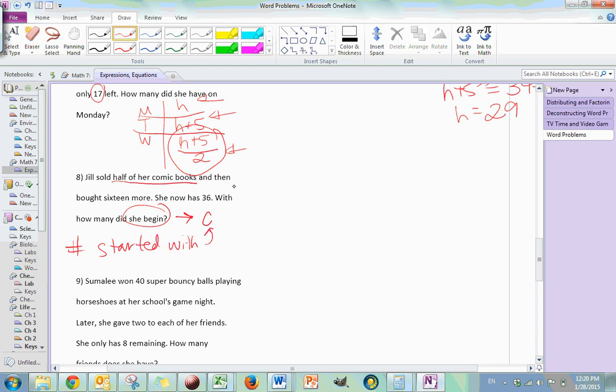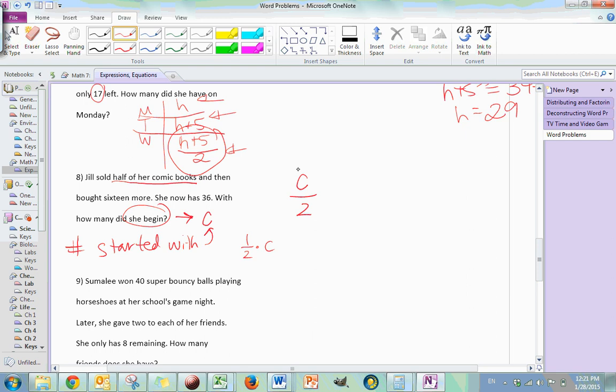So first it says Jill sold half her comic books. So she took C and she said, I'm going to split that right in half. C over 2. Another way, you definitely could say 1/2 times C. That's also acceptable. I'm going to stick with the first one that I wrote.